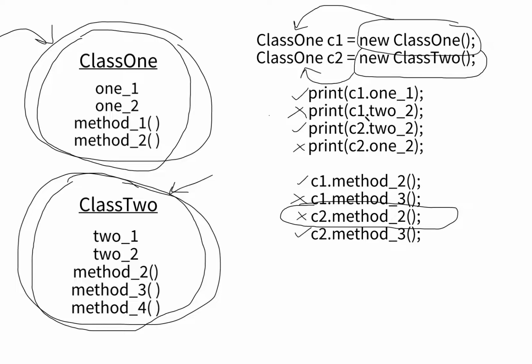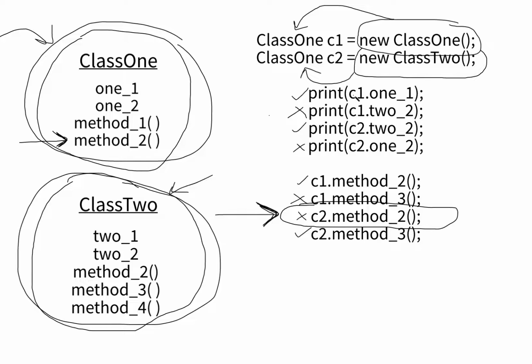And so when you run method 2, hey, it's here. It's one of the methods in class 1, so it's available to run. This line of code is going to run without any error, right? But the weird thing is that it first looks for the definition in the class, the type of object that the object originally was before it was typecasted, right? So it will run the method here first. Okay, so it runs the definition in class 2. That's the weird thing about what happens with this guy.